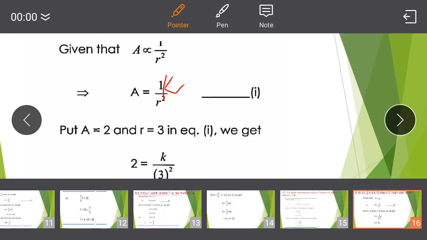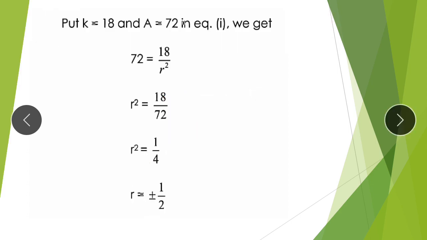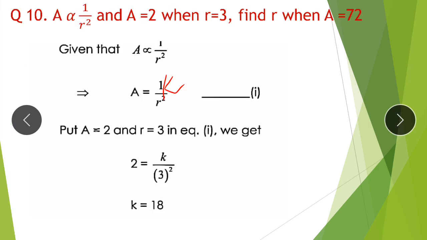Now you can put the values. a is equal to 2, and instead of r you can put the value 3 here. Now 3 3s are 9 and 9 2s are 18. So the value of k will be 18 here. The k is found. Now we have to find the value of r when a is equal to 72, k is 18 and a is equal to 72, and we are supposed to find r.